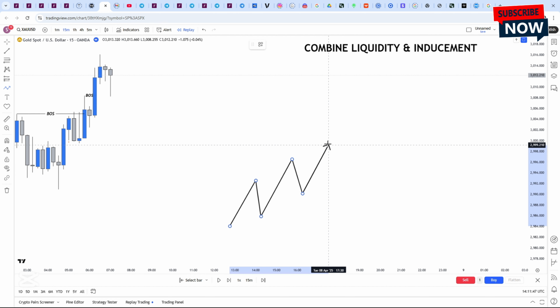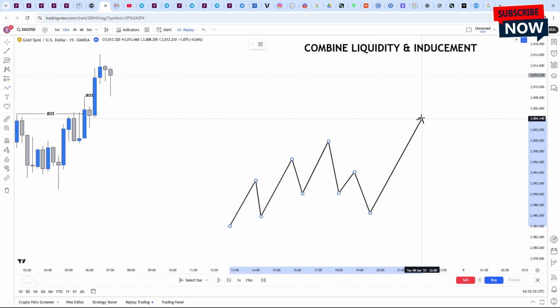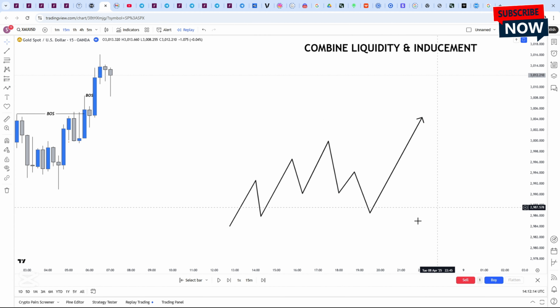After moving, either you will find where there is imbalance or fair value gap, and the market after breaking the high comes back to this zone and gives you a few pips and then comes down, and you think now the market is in a downtrend, only to find that the market comes back and continues making higher highs. So that's how the market induces you.